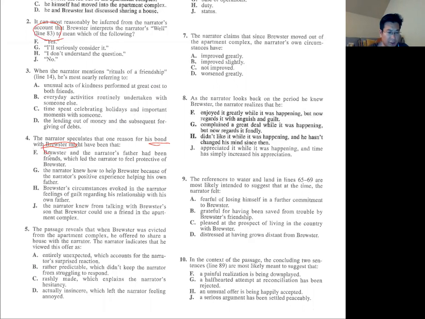So Brewster, you have to pay attention to that when you read through the passage. And then number 5, the passage revealed that when Brewster was evicted from the apartment complex, he offered to share a house with the narrator.